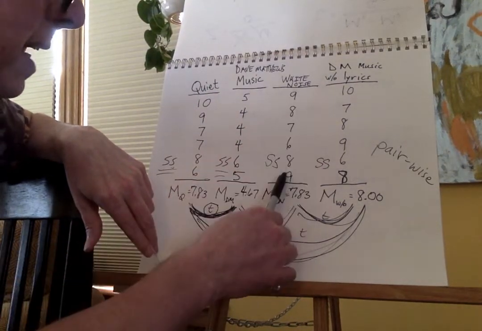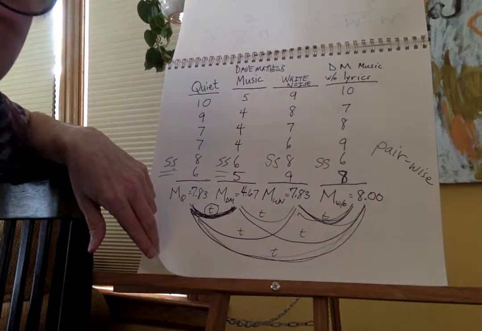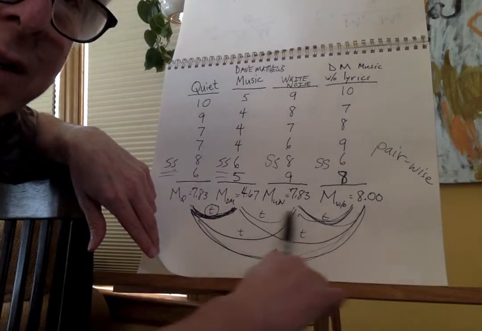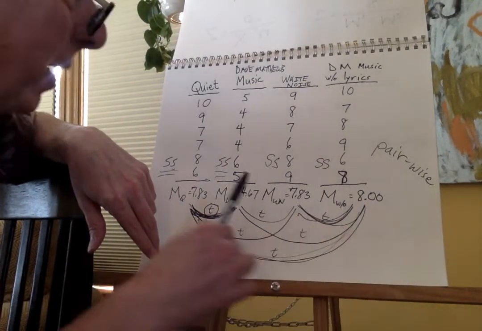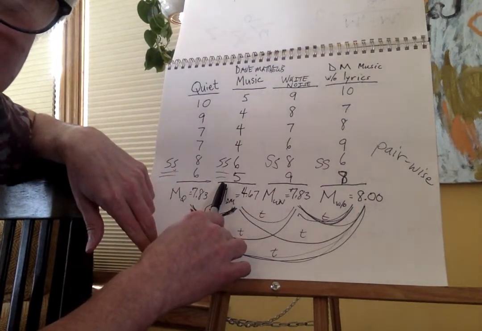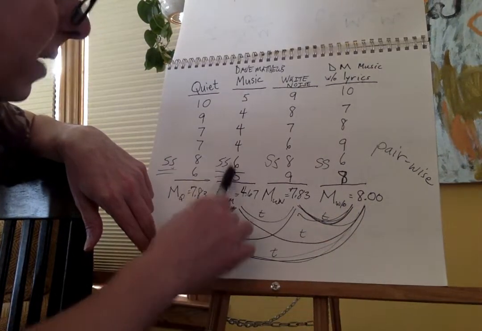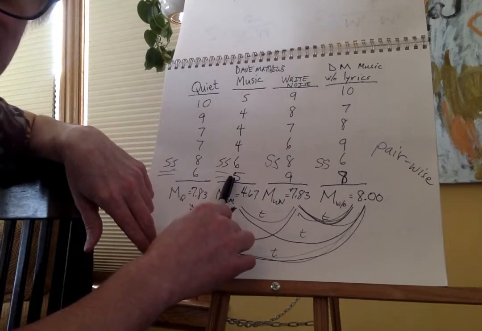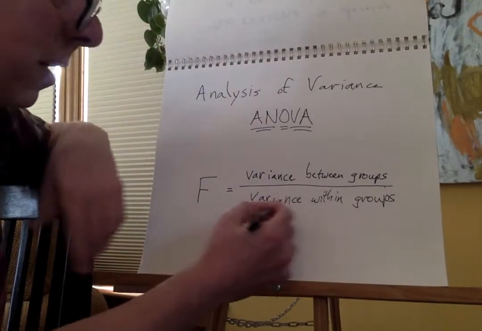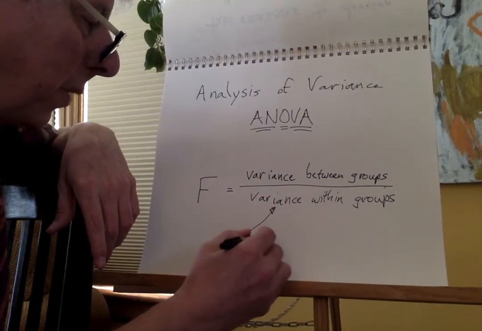Treated in exactly the same way, people still remember different numbers of words. So any difference that we see here needs to be compared to the differences that we see within the groups. So all of these sums of squares go in here, all the sums of squares go in here.